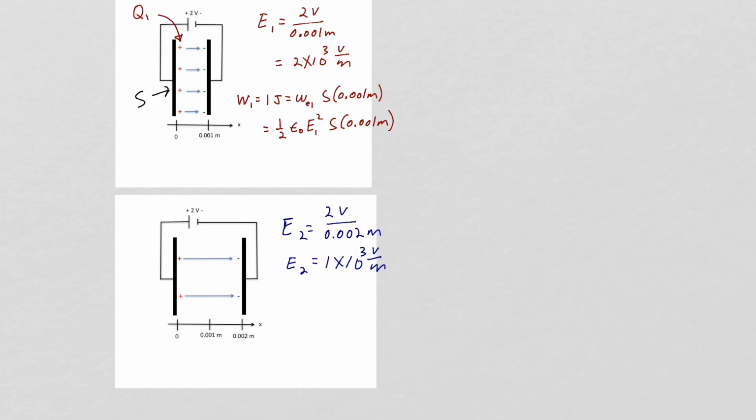The energy density in the electric field will be 1/2 epsilon sub 0 times E sub 2 squared, the magnitude of the electric field intensity squared, which is half of the electric field intensity we had when the plate spacing was just 0.001 meters apart.